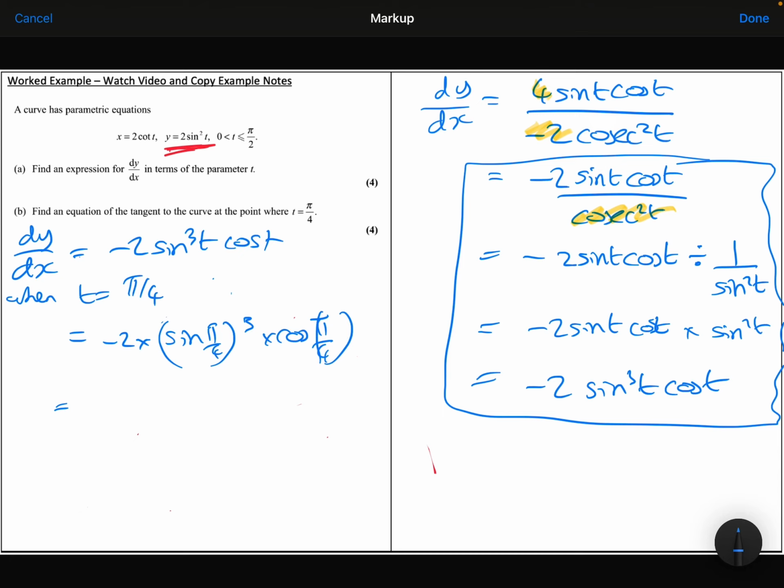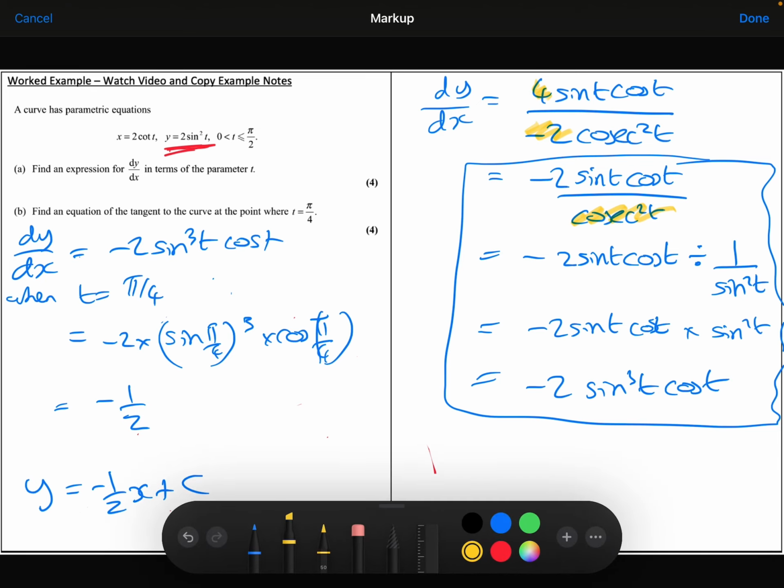So I work out that the gradient of the curve at the point when t is pi over 4 is minus 1/2, which means the gradient of the tangent is minus 1/2. By the way, if I hadn't done this simplification, substituting pi over 4 into the expression would probably have been quite difficult. That's why it's a good idea, if you can, to simplify things as much as you possibly can.